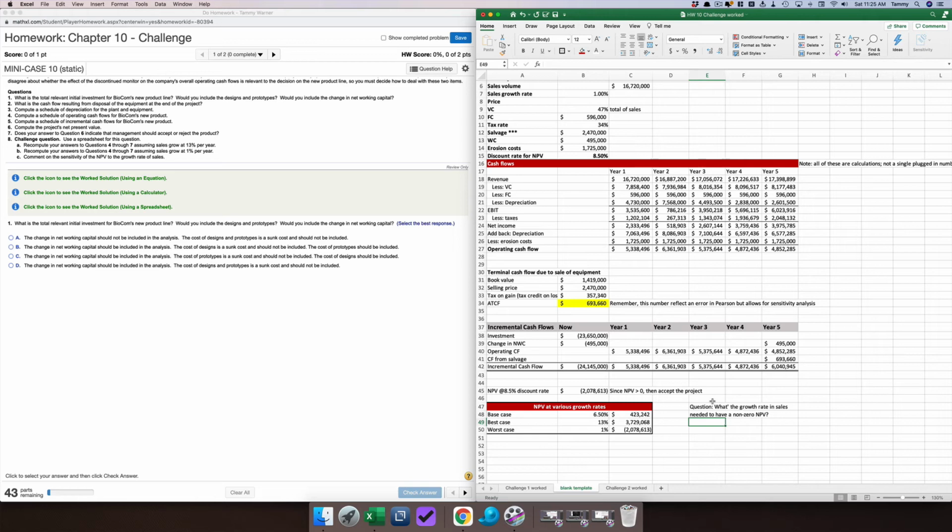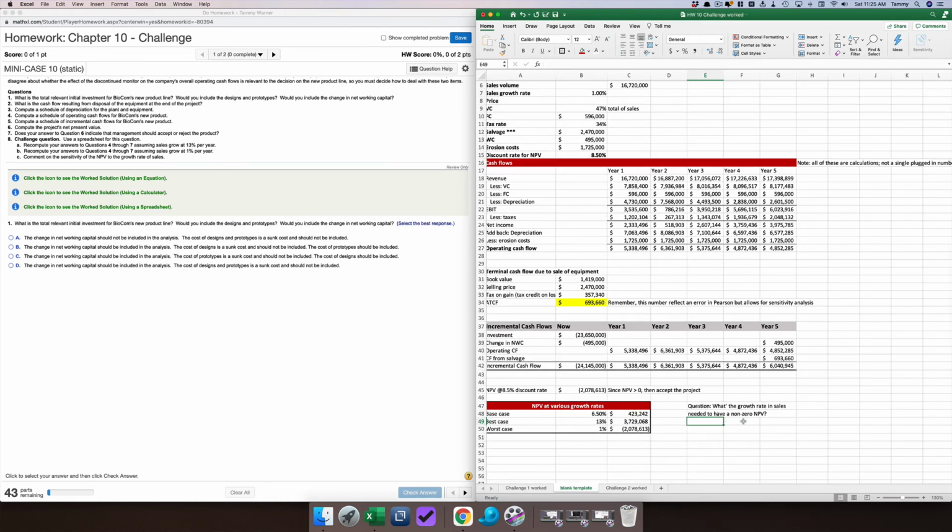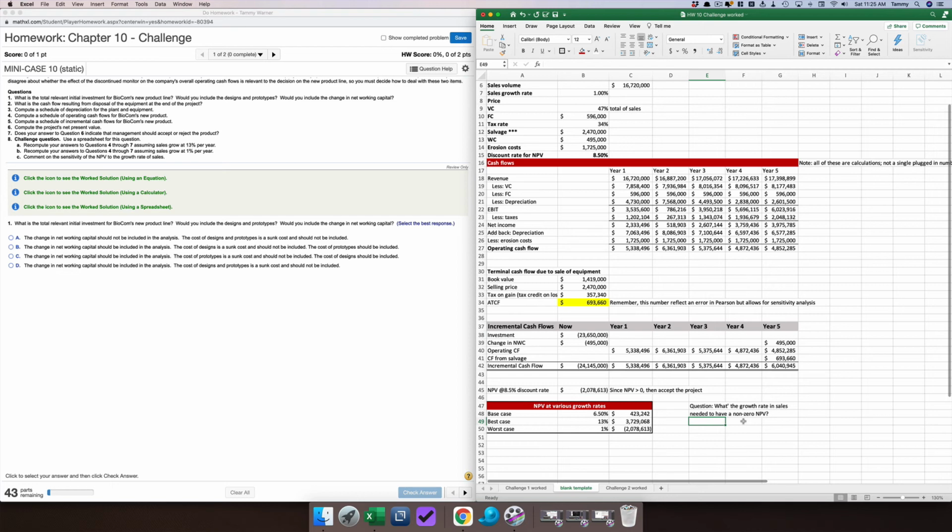It's like break even except taking into account time. This is break even over time. And so what you can do with that, you can use this goal seek in Excel to give you the answer to that, right? So let's go ahead and do that.